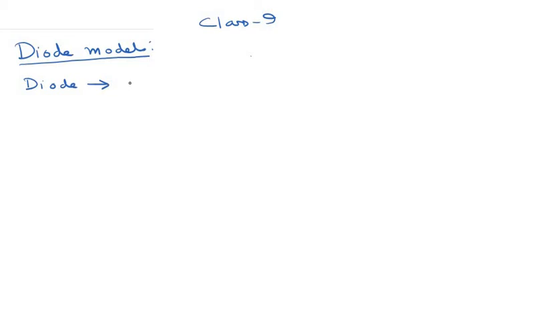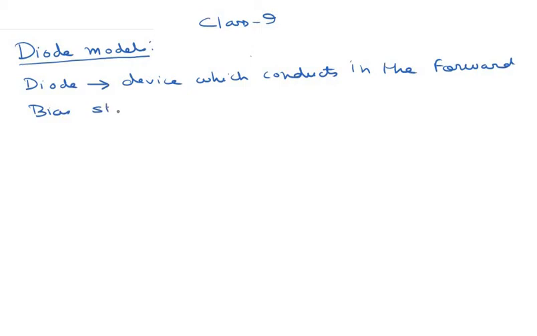the diode is basically a device which conducts in the forward bias state and doesn't conduct in the reverse bias state.